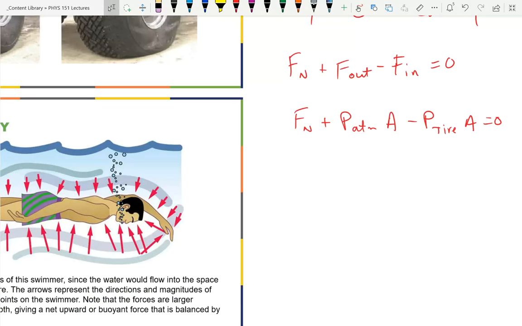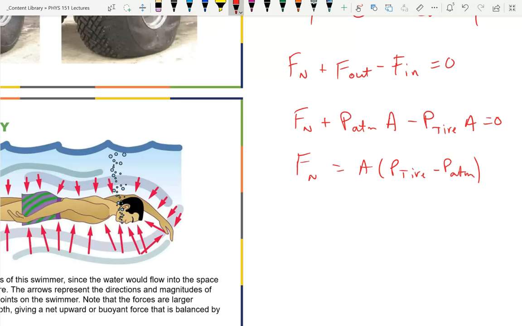now I'm getting somewhere. What am I trying to solve for? So I'm going to move the two terms with area to the other side, the equal side, and factor out the A. So I have the force normal is equal to A times pressure tire minus pressure atmosphere.